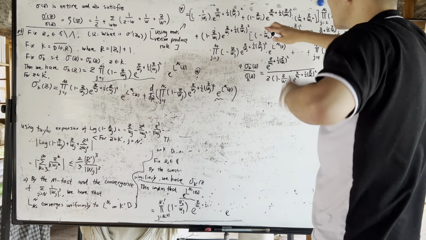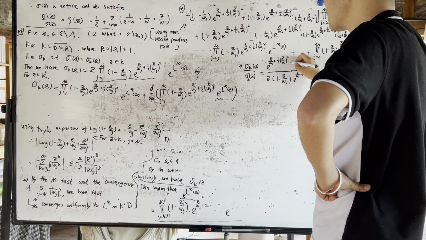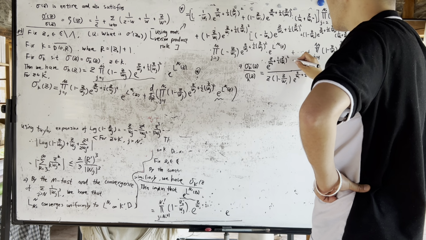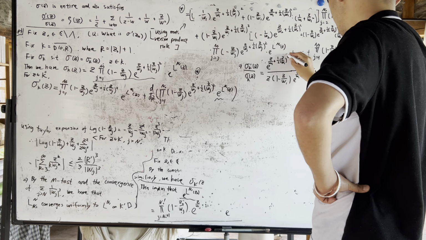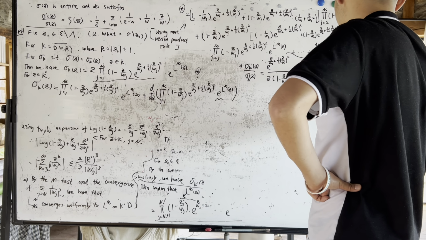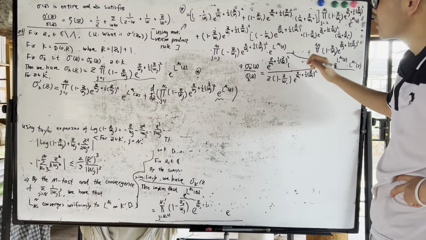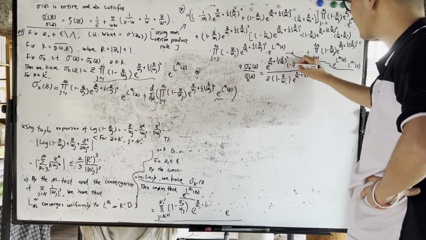Right now, after we factor out this guy, what we get is, multiplied by, the first one is left with just minus 1 over omega 1.